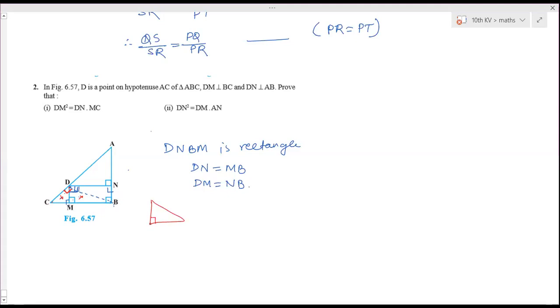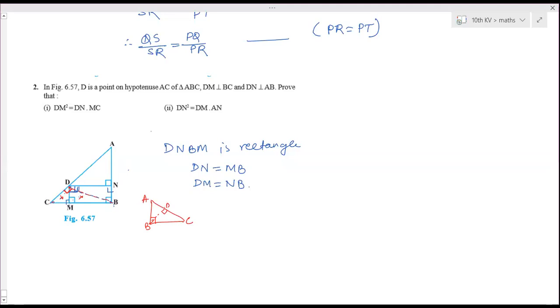If this is 90 and from this angle you draw a perpendicular to the hypotenuse ABC, then BDA and CBD are similar triangles. Here also, in BDC, angle D is 90, and from that 90 degrees we have drawn a perpendicular to hypotenuse BC.